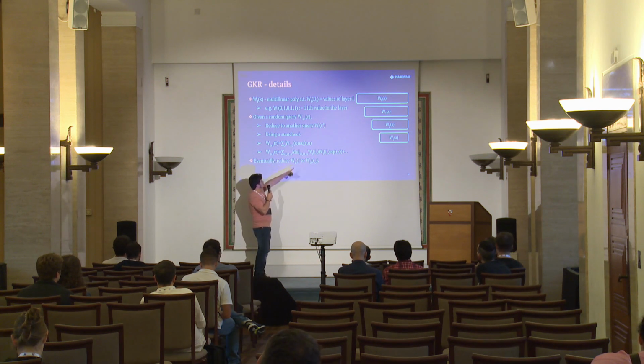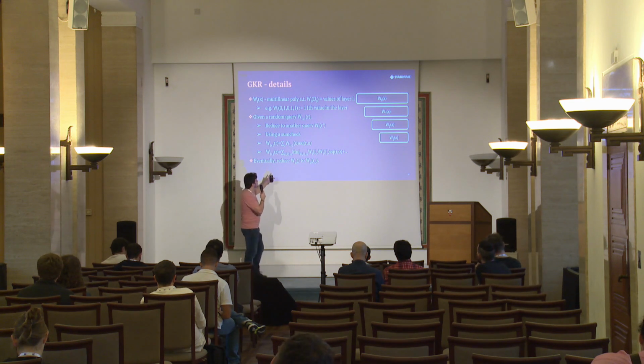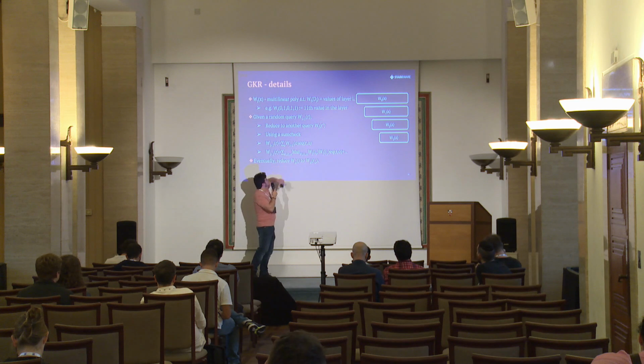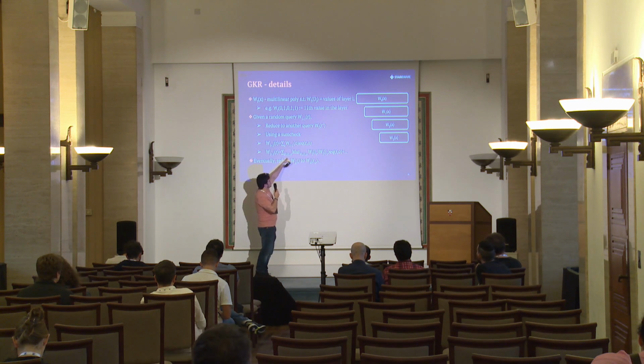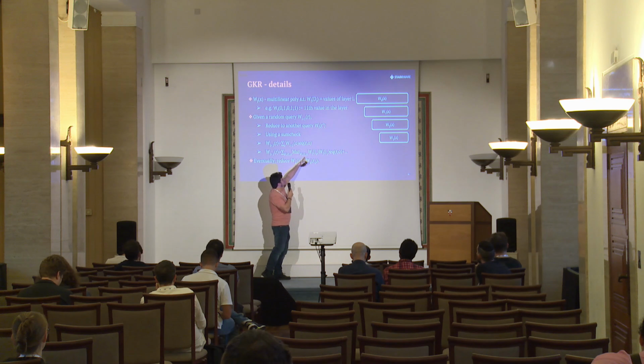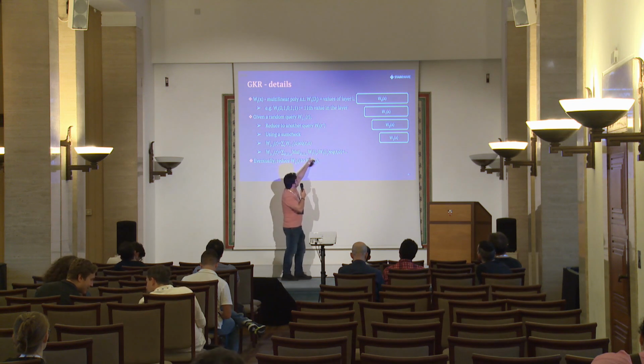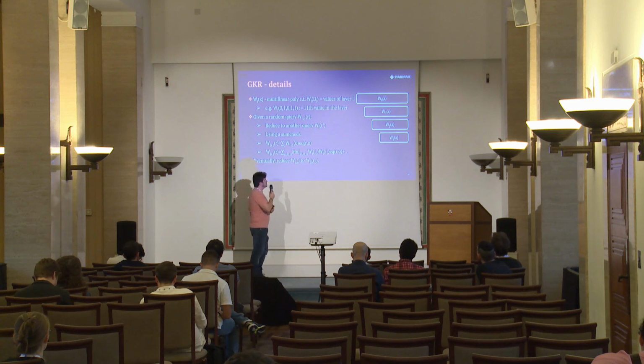This is a general formula. I'll get some more specific formulas later, but generally, we say that W_{L+1} at O is actually just a sum on two input indices times a selector that is 1 if there is a multiplication gate here and 0 otherwise. So if there is a multiplication gate from I0 and I1 to O, then it's just a multiplication of the values on the previous layer.